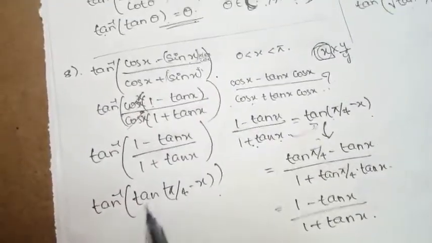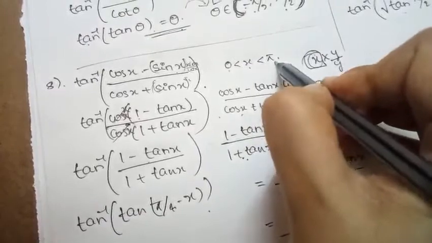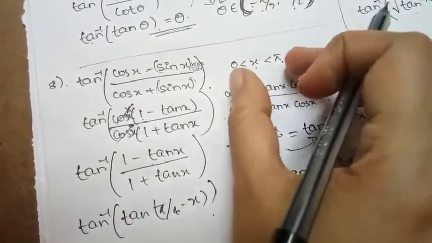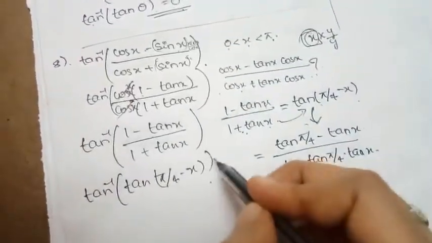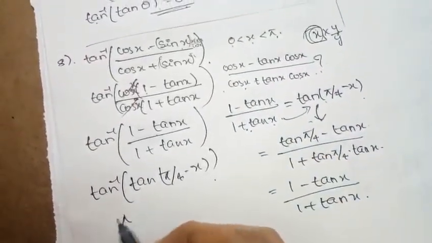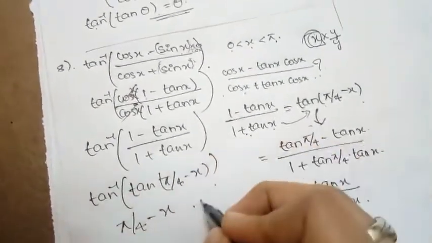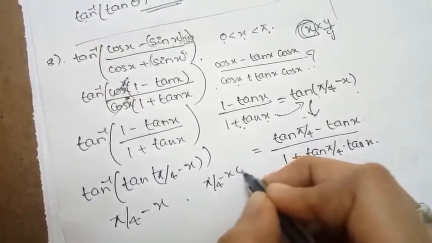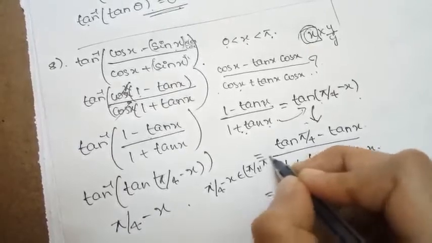So now clearly here x is lying between 0 to pi. So pi by 4 minus x, whatever the value, is lying between this value itself. So clearly tan inverse of tan theta, I can write as pi by 4 minus x, because tan inverse of tan theta is equal to theta when it is lying between minus pi by 2 to plus pi by 2.